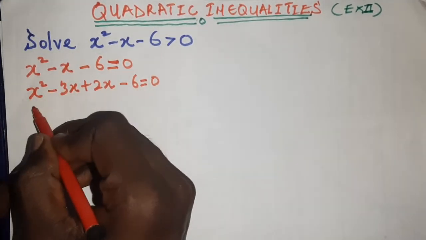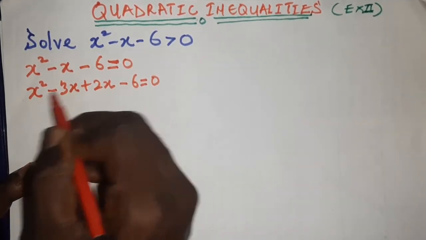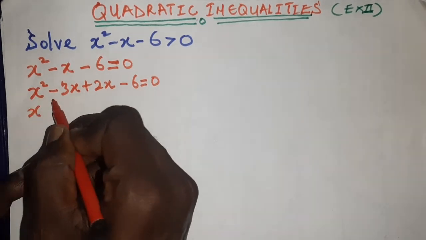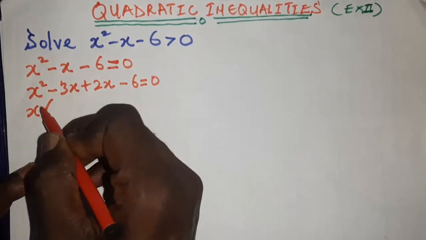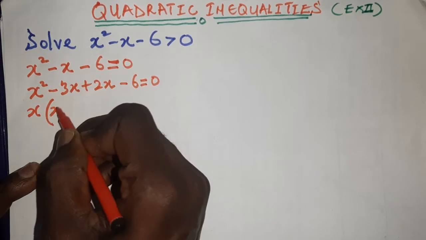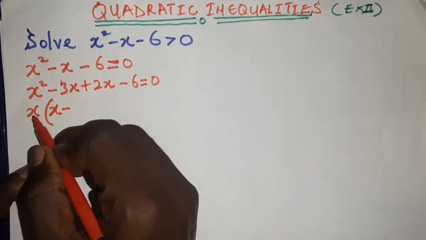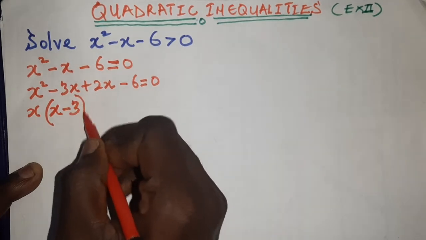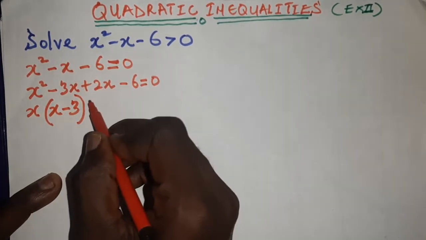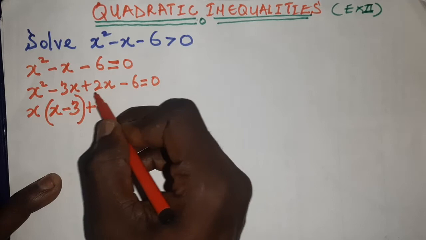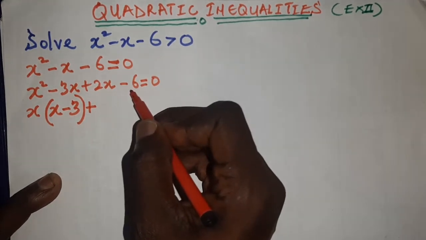And so let's try it here. The highest common factor here will be x. Open bracket, x squared divided by x gives you x, then minus divided by the plus here gives you minus, 3x divided by x gives you 3, then you close the bracket, and here I have plus, then I have 2x and 6.